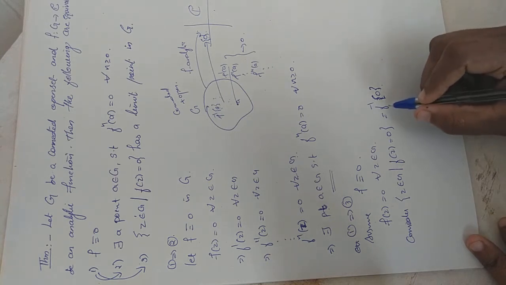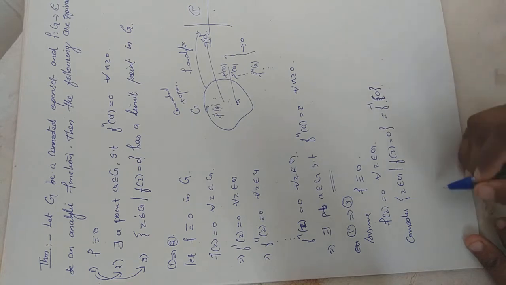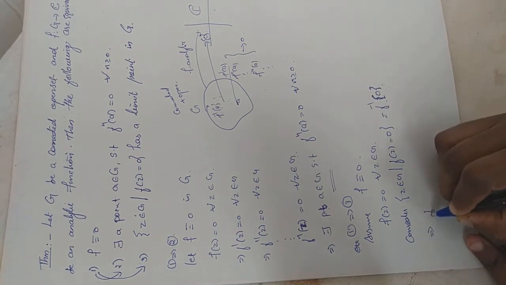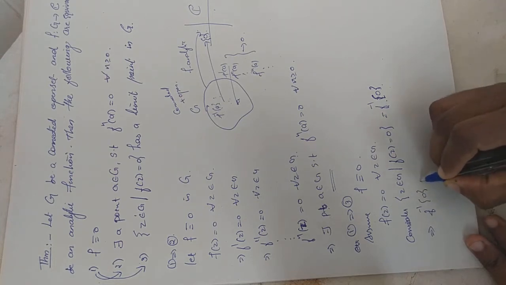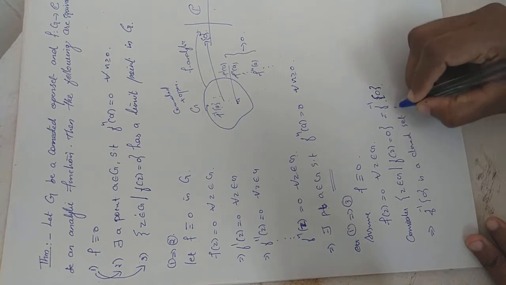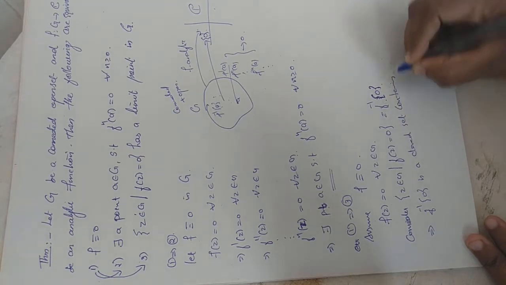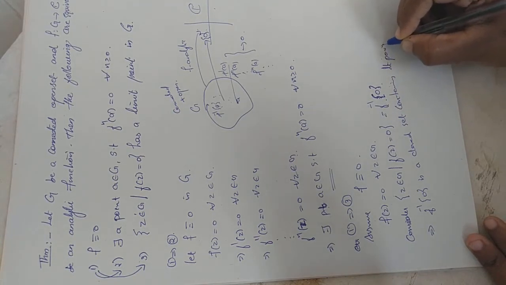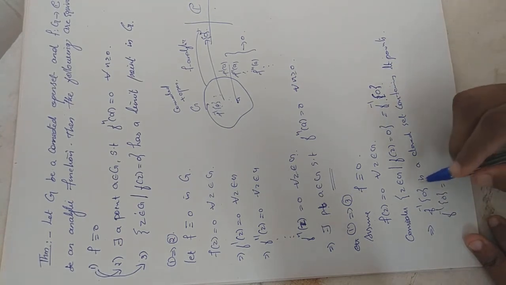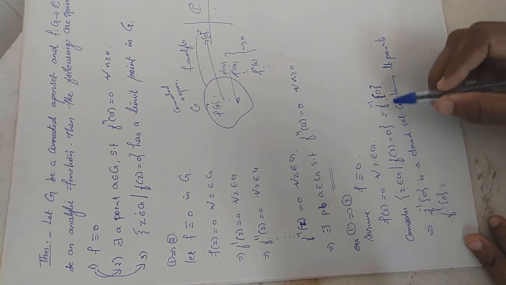So this set contains its limit points, which implies f inverse of 0 is a closed set that contains its limit points. And what is f inverse of 0? F inverse of 0 is the set of all points which map to 0.